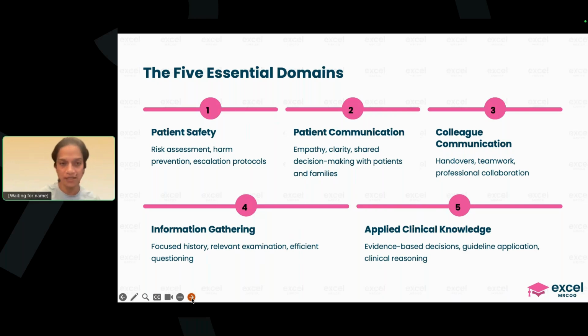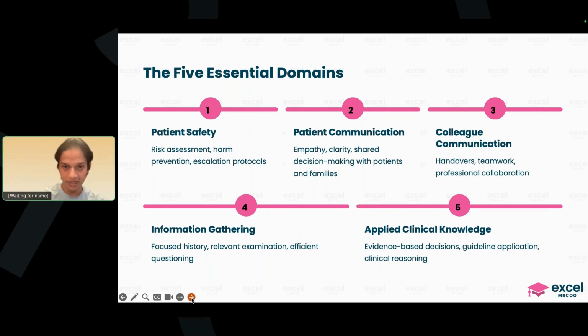You always have these 4 domains in a simulated patient task. On the other hand, in a structured discussion, you usually have communication with a colleague, patient safety, and applied clinical knowledge. If there is information gathering, then you have a 4th domain.